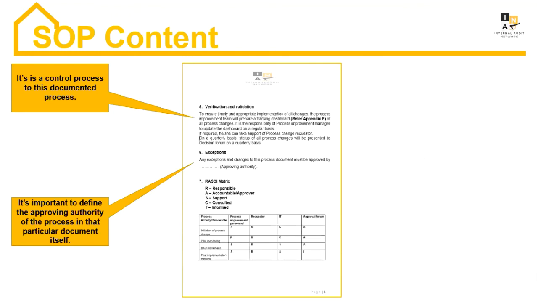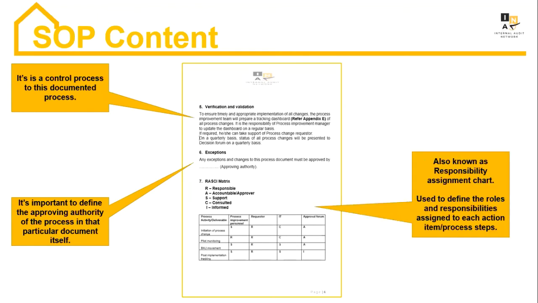It's a suggestion: that approving authority's name should be documented in the document itself, so that we will be aware of any exceptions to this process, and whom to contact if we don't want to go with that process flow and need an urgent process change. So this has to be documented in every SOP.